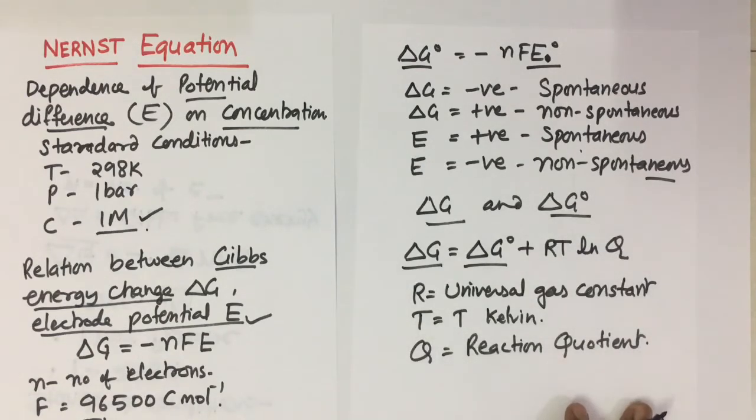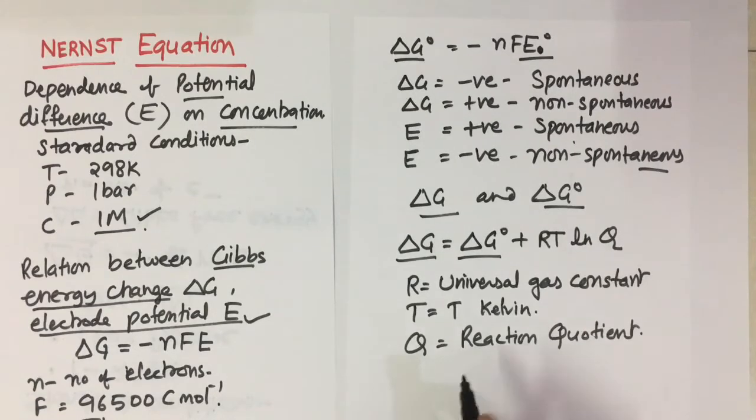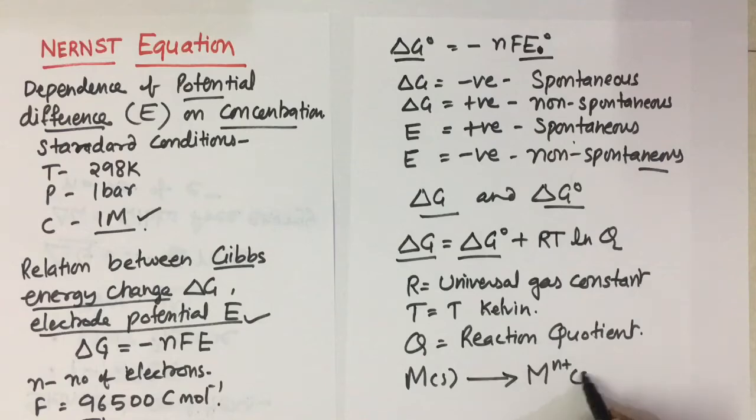For example, suppose there is a metal M solid that loses n electrons into the electrolyte. The reaction quotient is like the equilibrium constant expression: Q is equal to the concentration of product upon the concentration of reactant, so M n plus upon M solid.